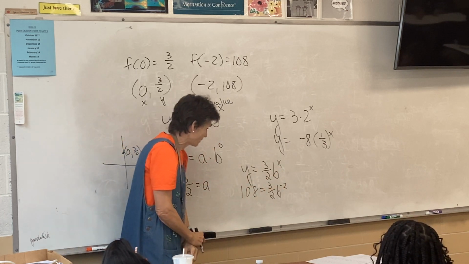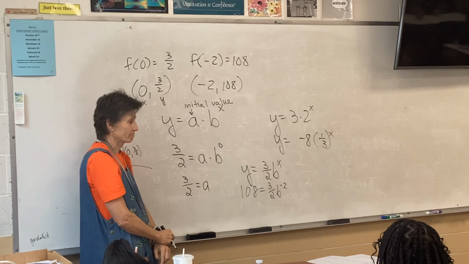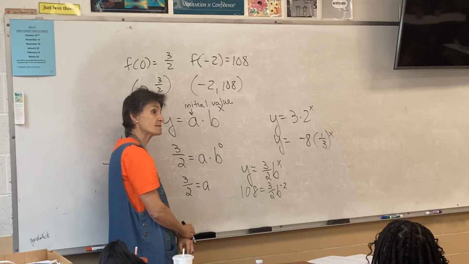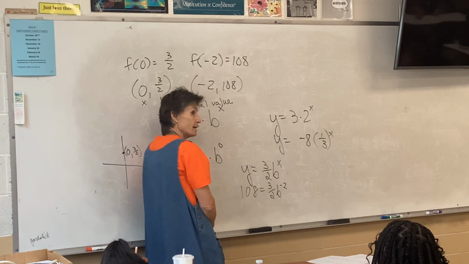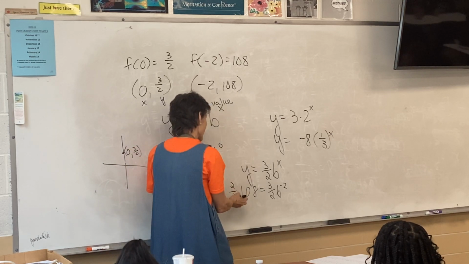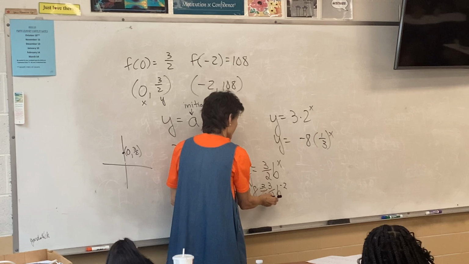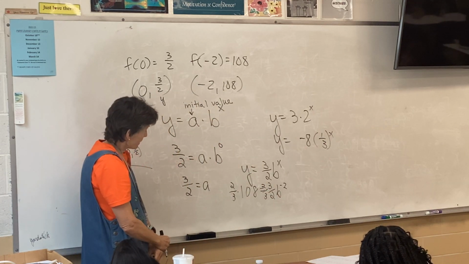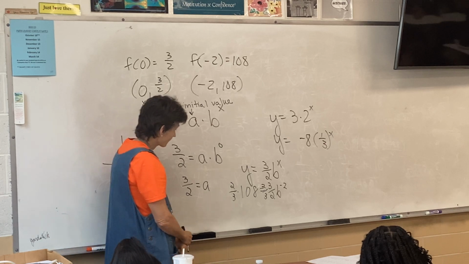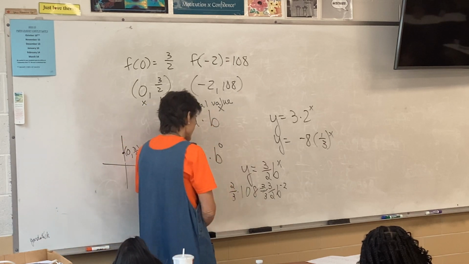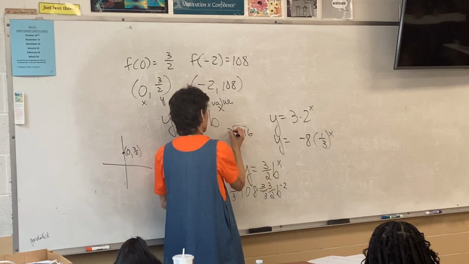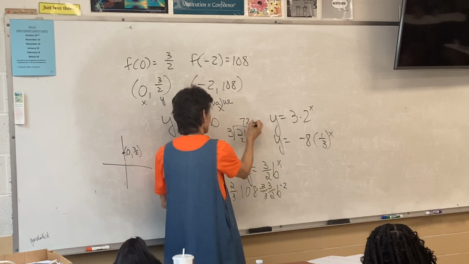Well, how in the world am I going to solve that? Divide by 3/2, which is the same as multiplying by 2/3. So if I'm doing it without a calculator, I think I'll do that. And then, let's see, that would be 216 divided by 3. 72.